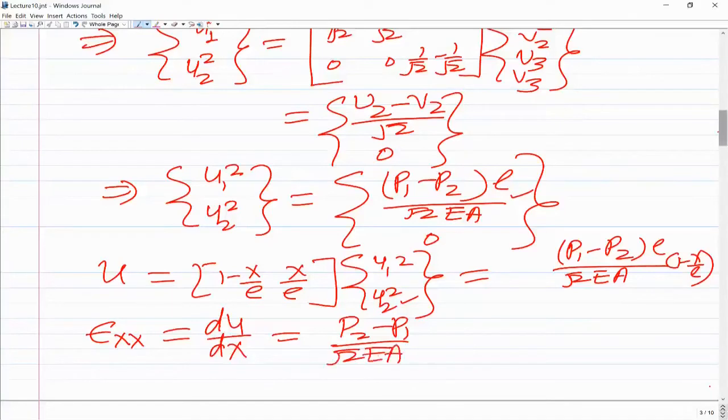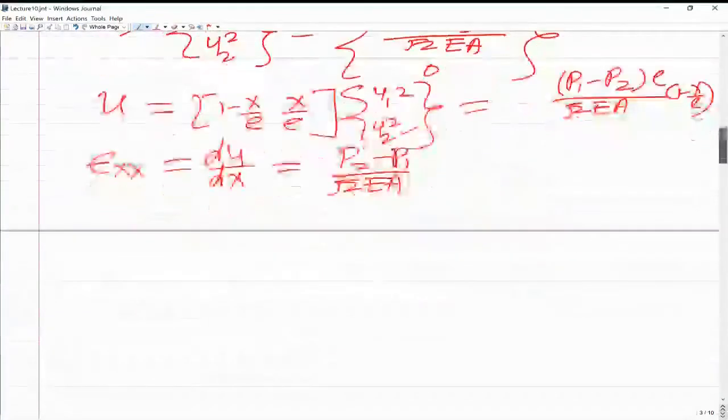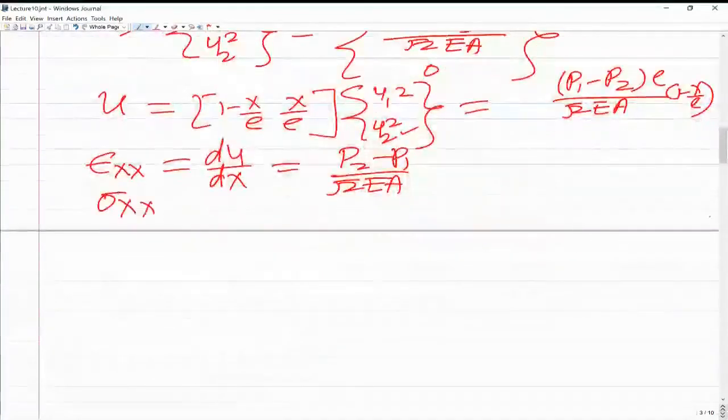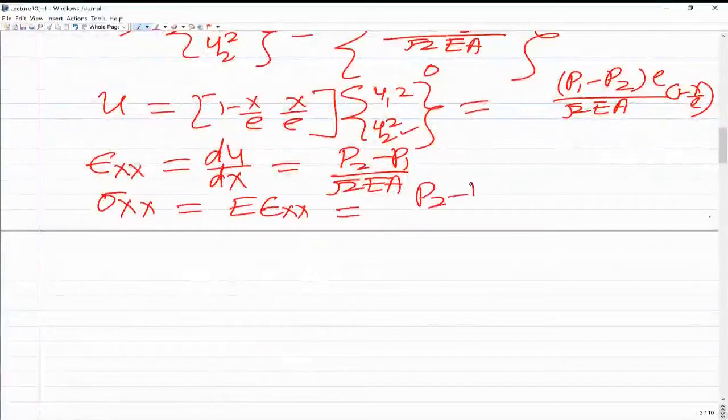Then sigma xx, the stress, will be E times epsilon xx, and that would be P2 minus P1 upon root 2 into A. So this is the stress in the second element, and it is of course constant throughout the length of the element. Throughout the second member of the truss, the stress is constant.